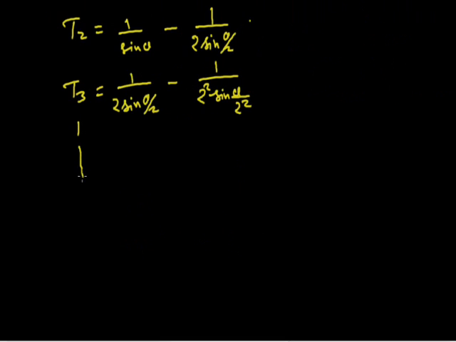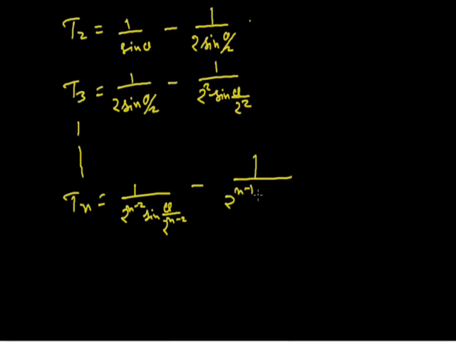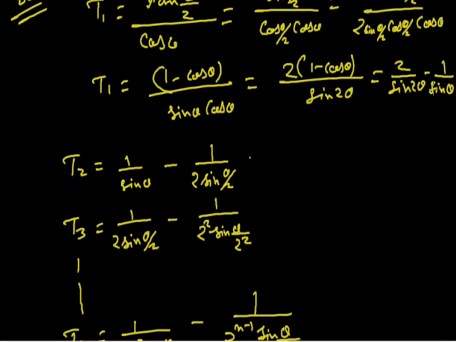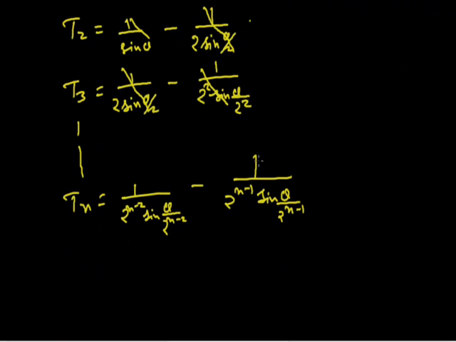Hence, the nth term will be 1 upon 2^(n-2) sin(theta/2^(n-2)) minus 1 upon 2^(n-1) sin(theta/2^(n-1)). Therefore, minus 1 upon sin theta and 1 upon sin theta cancel, minus 1 upon 2 sin(theta/2) and 1 upon 2 sin(theta/2) cancel, and similarly each term cancels with its previous term.